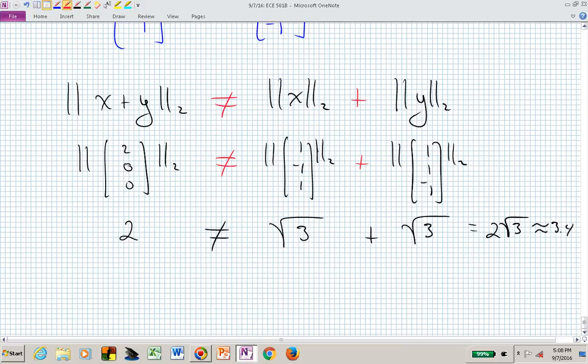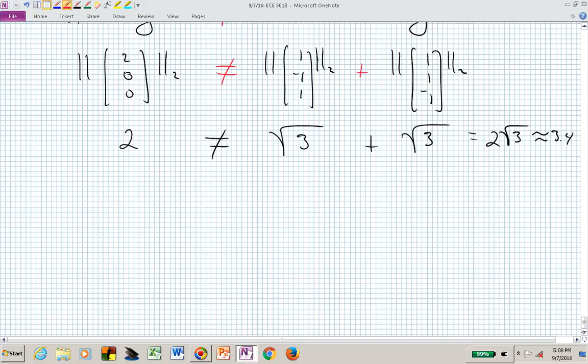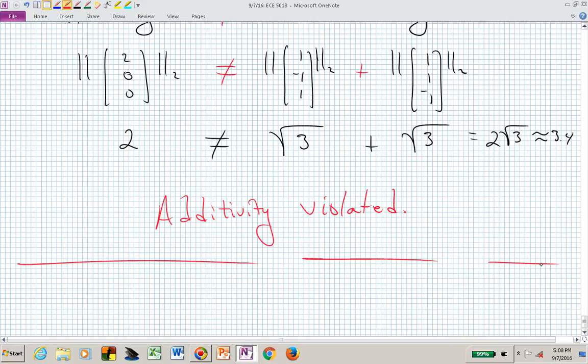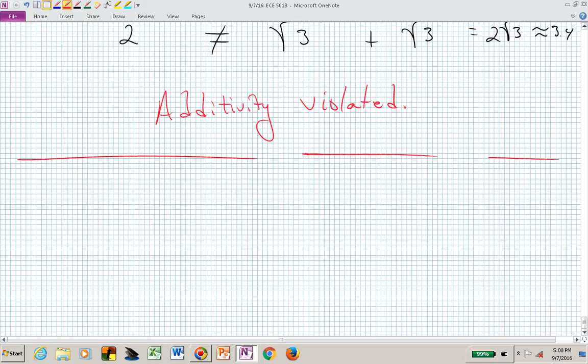The 2 norm takes us from R3 down to R, and in this case, additivity is violated. And so that's a way of showing that this 2 norm is in fact not a linear map.